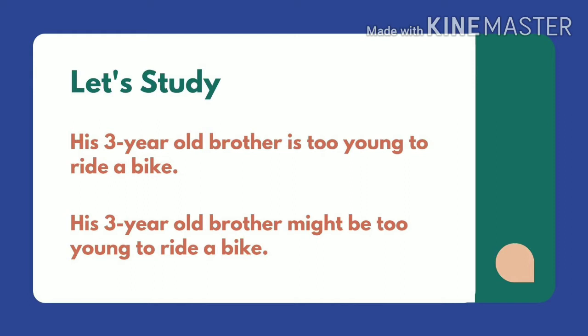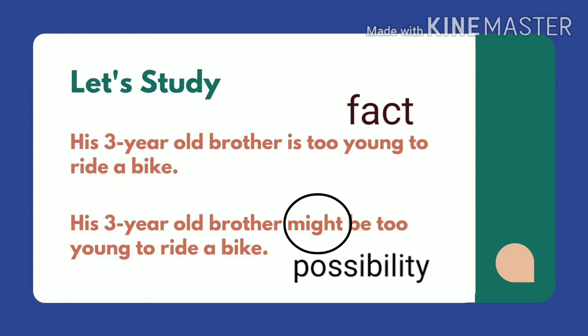There has been a change in the meaning of the sentence because of the word might. The first sentence is stating a fact, while the second sentence is just stating a possibility.